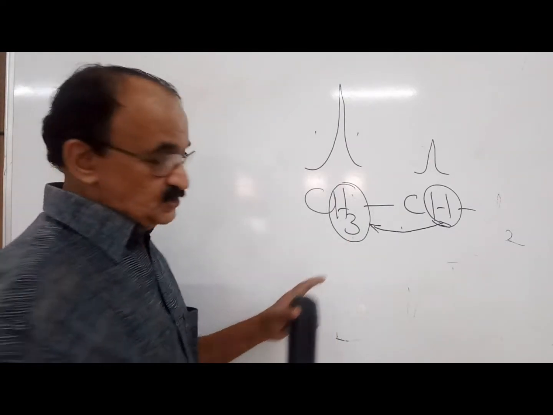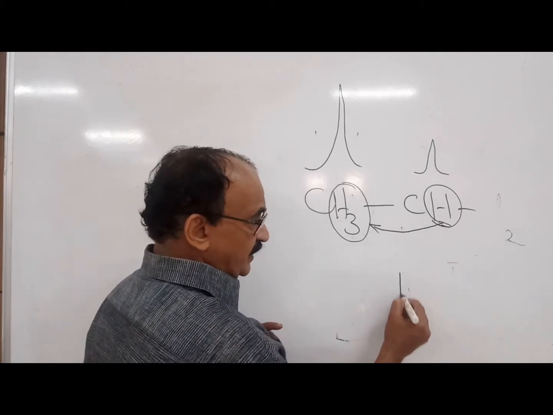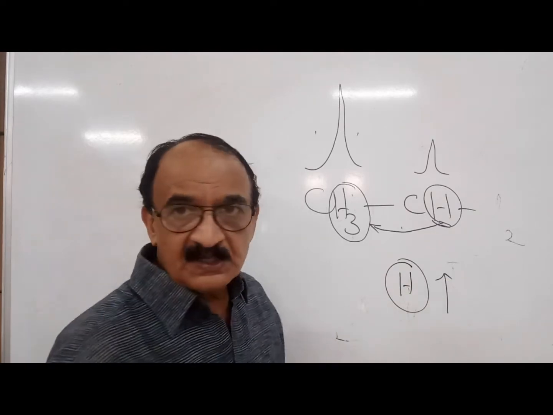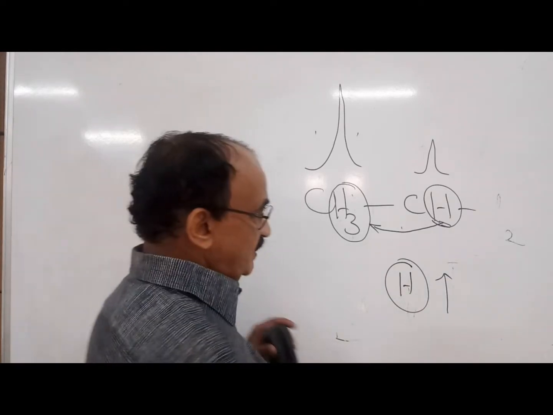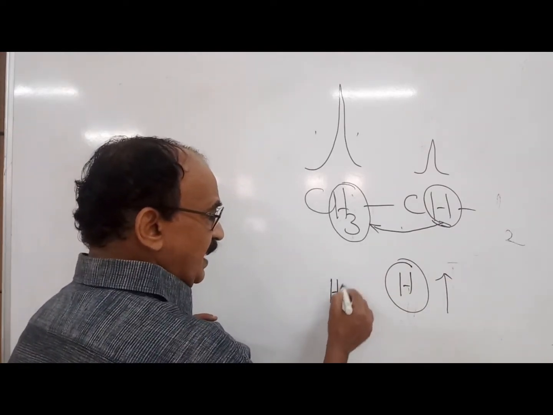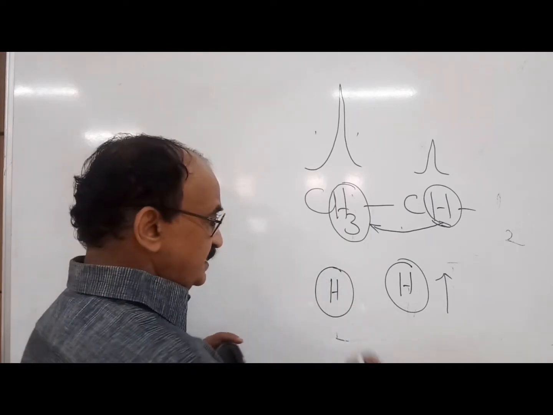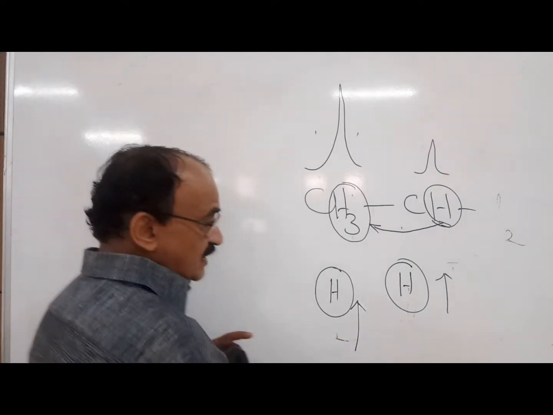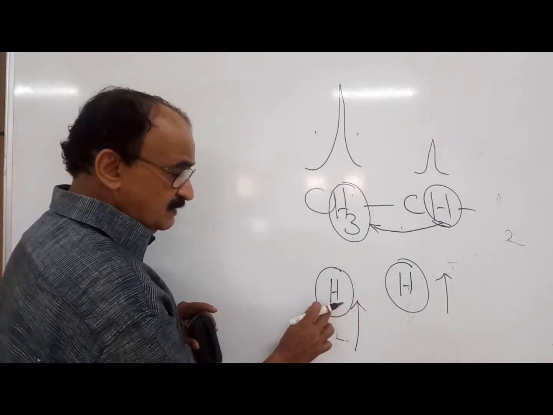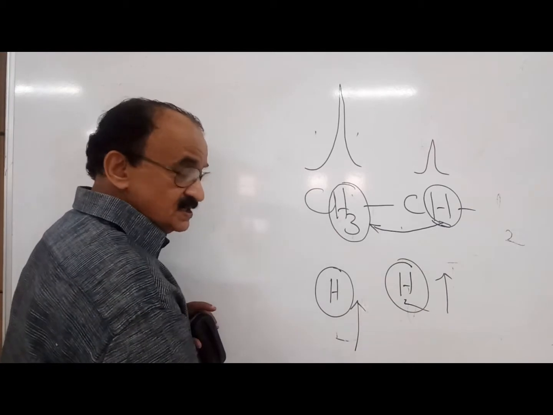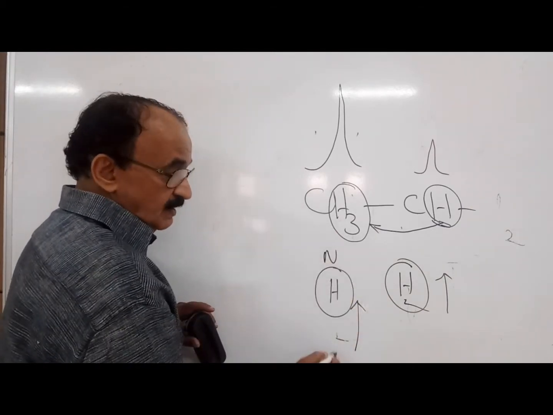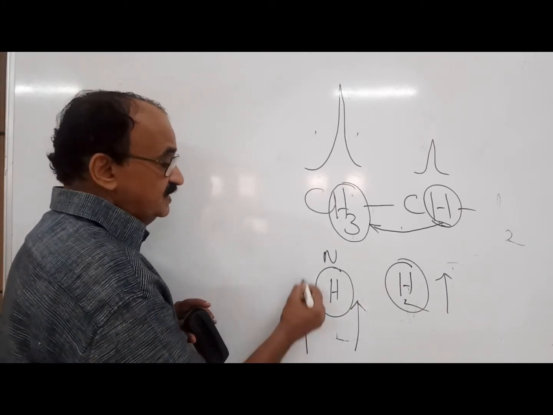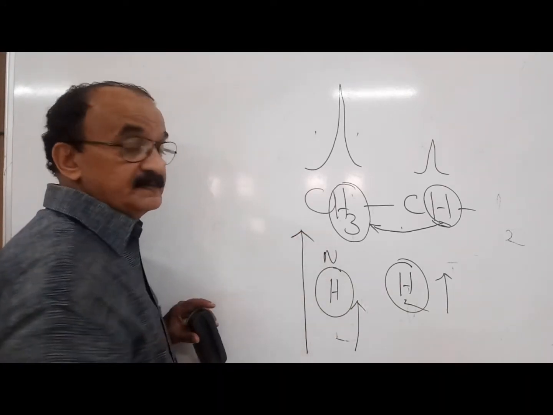So when you consider a proton alone, it has a magnetic moment. And when you consider another proton present on another carbon atom, this also has a magnetic moment. As far as this proton is concerned, this is its neighbor. The magnetic moment of this neighboring proton will interact with the applied magnetic field.